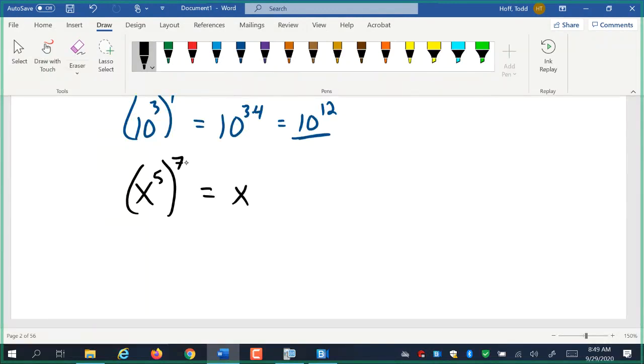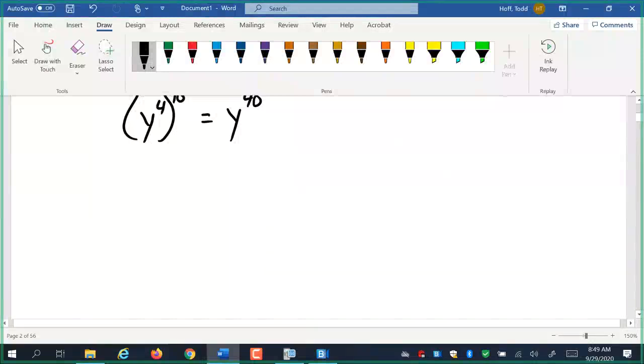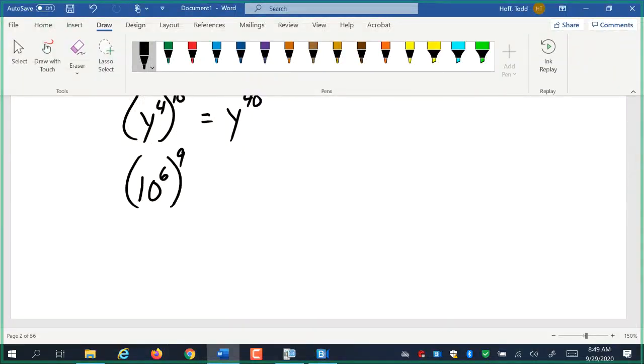That's x to the 5 times 7, which is 35. Or y to the 4th, the power of 10. Y to the power of 4 times 10 is 40. 10 to the 6th, the power of 9. Well, that's 10 to the power of 6 times 9, or 10 to the 54.